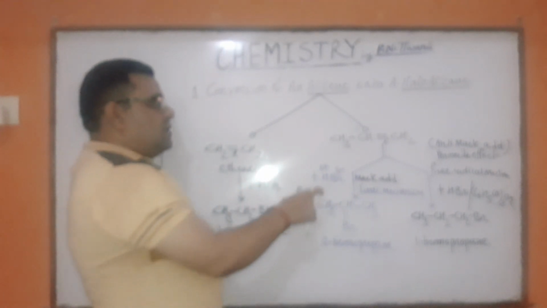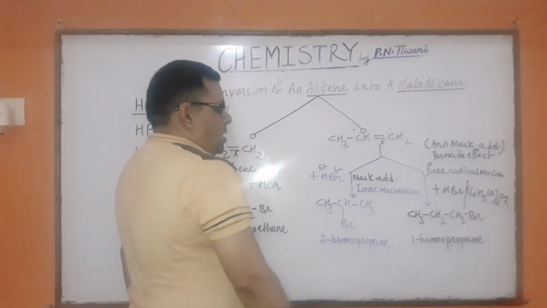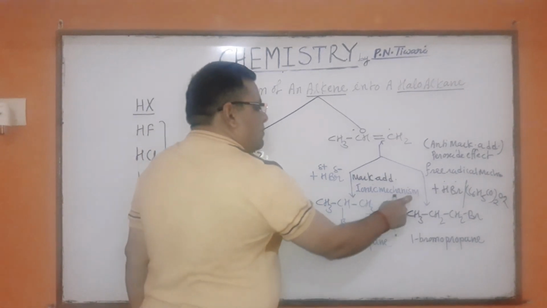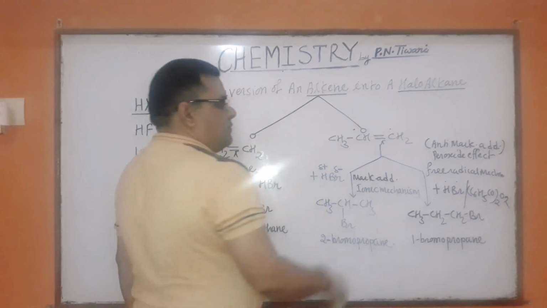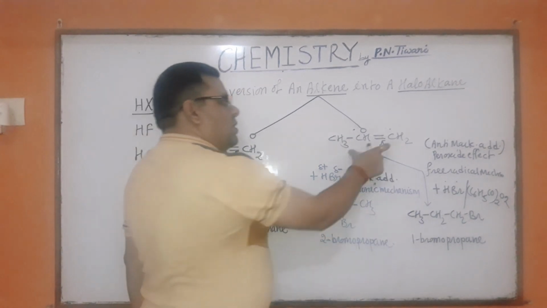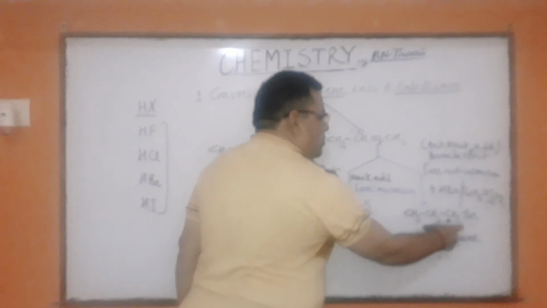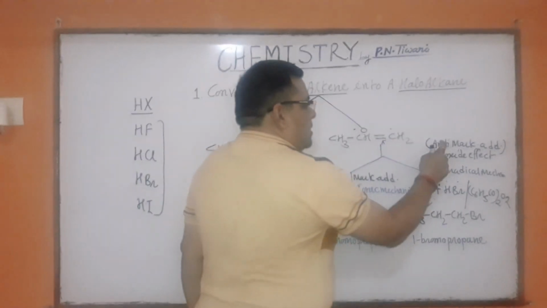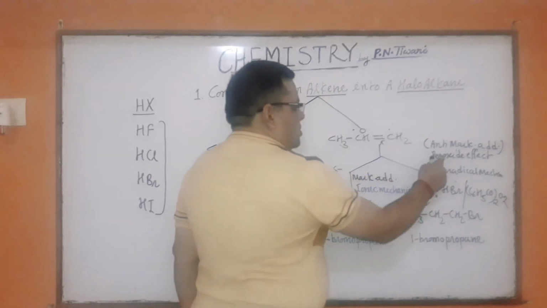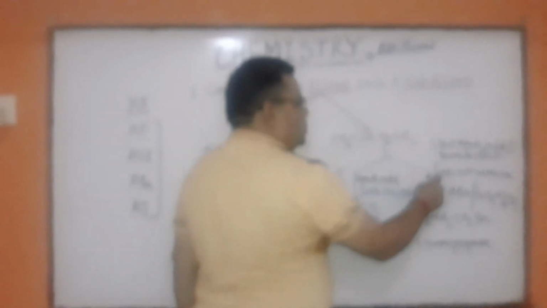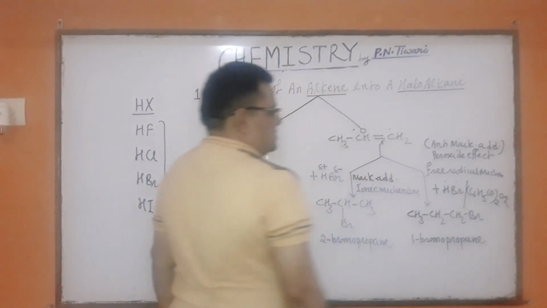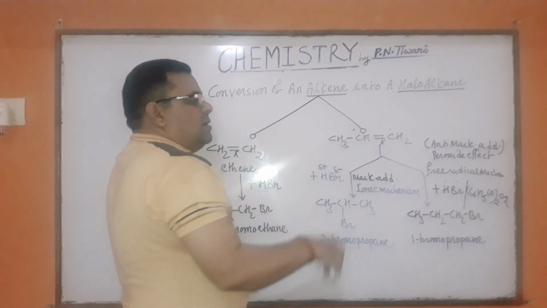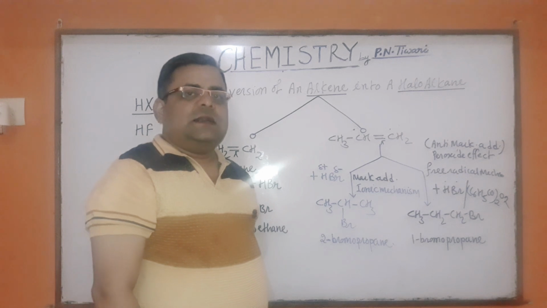So if we want to convert propene into 2-bromopropane, then it can be done by ionic mechanism according to Markovnikov addition. And if we want to convert propene into 1-bromopropane, then it can be done by anti-Markovnikov addition or peroxide effect according to free radical mechanism. We have already studied the Markovnikov and anti-Markovnikov mechanisms in the 11th class.